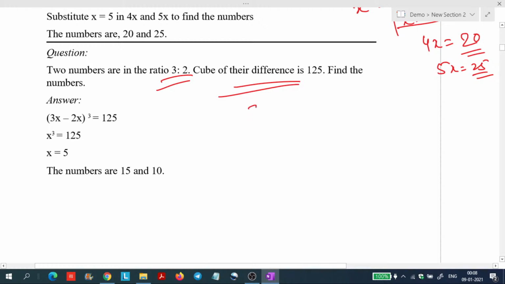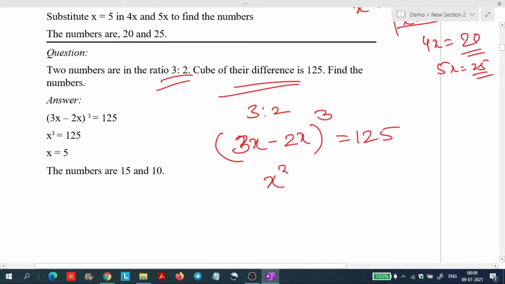So 3:2 they are given, and the cube of their difference: 3x minus 2x, the difference, cubed. So they are given as 125.